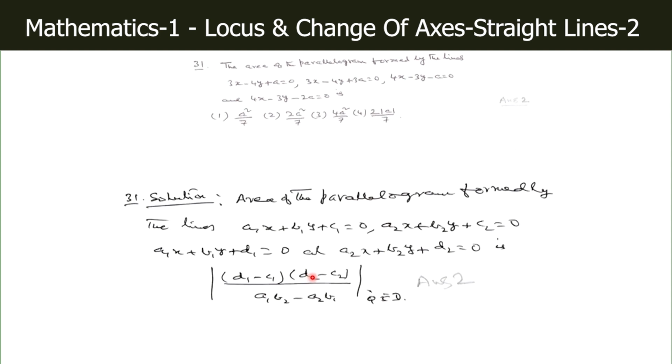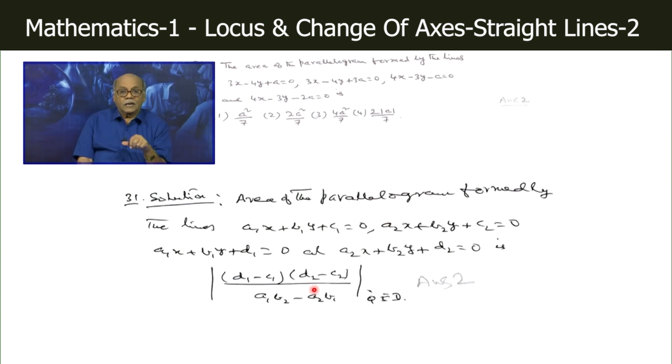d1 minus c1 means the difference of the constant terms of two parallel sides, multiplied by the difference of the constant terms of the other two parallel sides, by the whole of a1 b2 minus a2 b1, which means the x coefficient of the first equation into the y coefficient of the second equation, minus the x coefficient of the second equation into the y coefficient of the first equation.